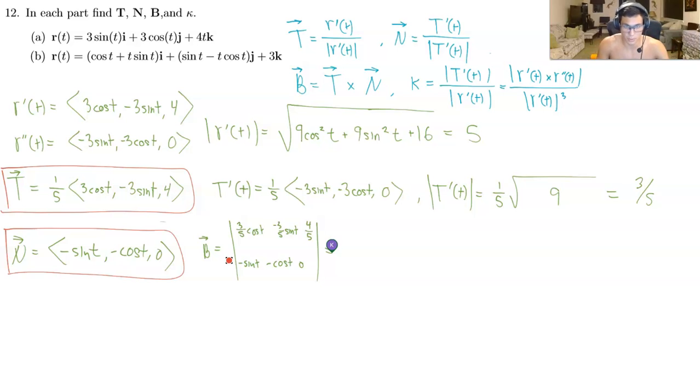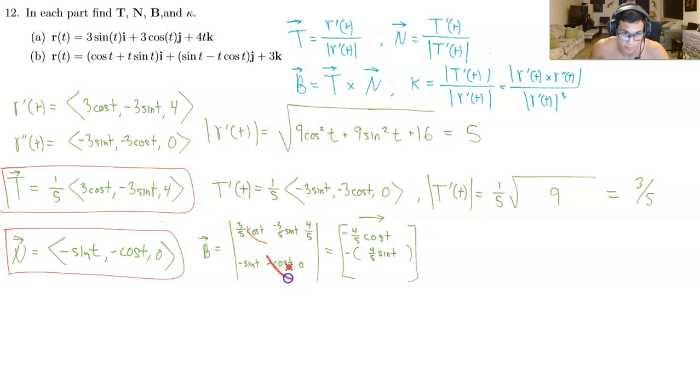We take that cross product, and we'll write this as a column vector. The first component is 0 minus 4/5 cosine t, so negative 4/5 cosine t. The second is 0, then negative negative, so just 4/5 sine t.